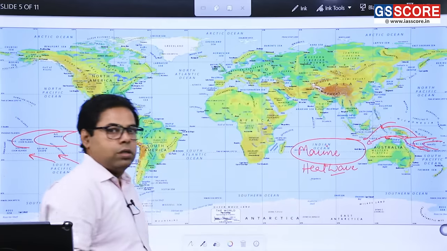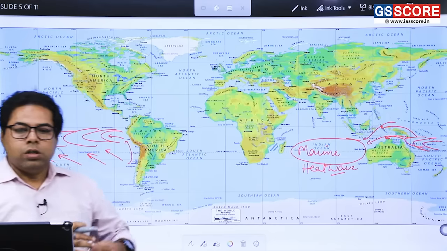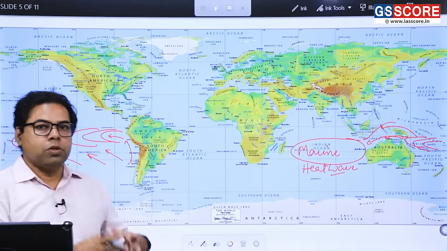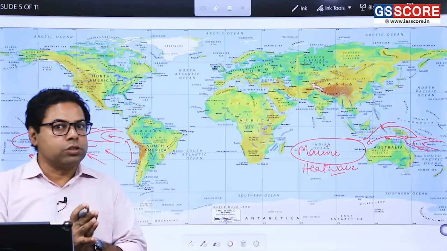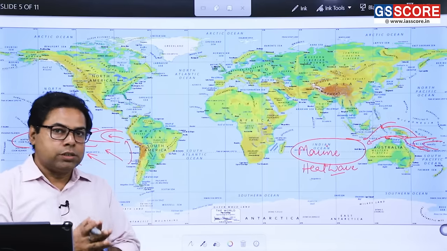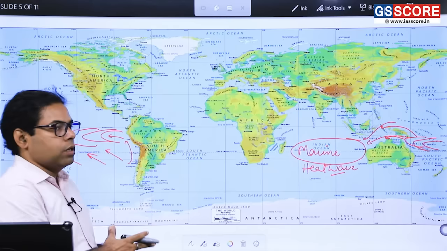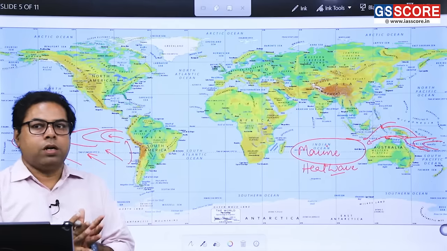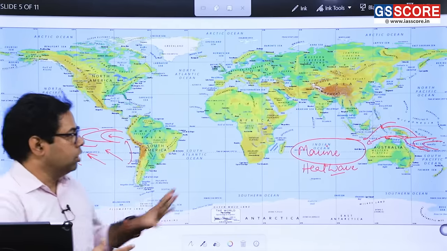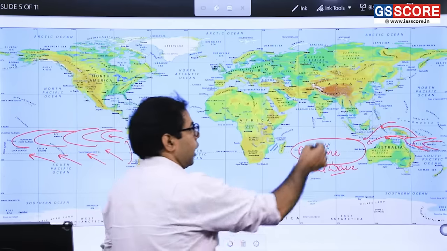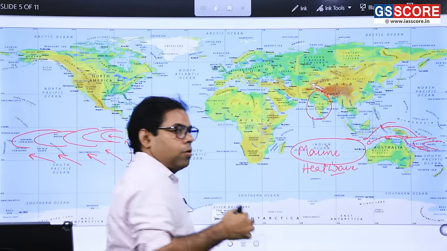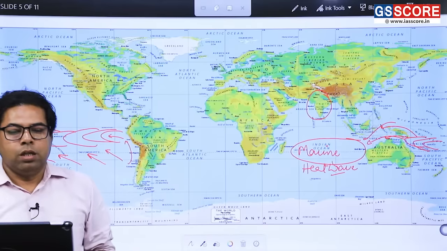So El Nino is also responsible for increasing the temperature of the Indian Ocean, which in result adversely impacts the atmospheric circulation in the Indian Ocean, and in result it impacts India entirely in the monsoon mechanism.